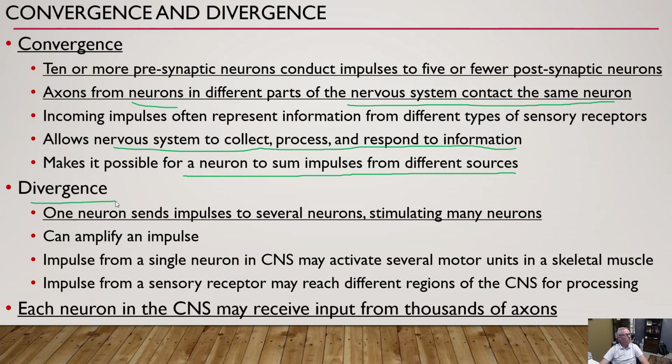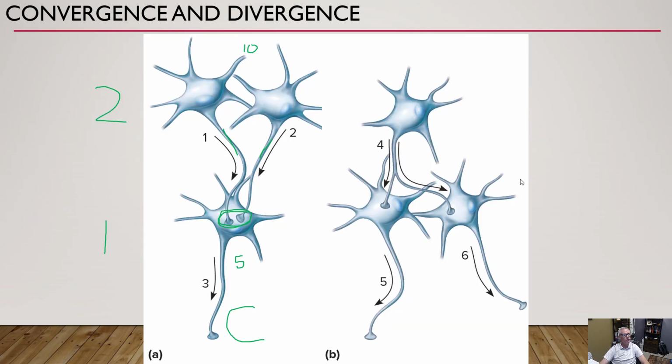Divergence is the opposite of convergence. One neuron sends impulses to several different neurons, stimulating many neurons. So this one is divergence. You have one neuron stimulating here 2 neurons, or many different neurons. So one axon branches off into collaterals, stimulating here 2 neurons.